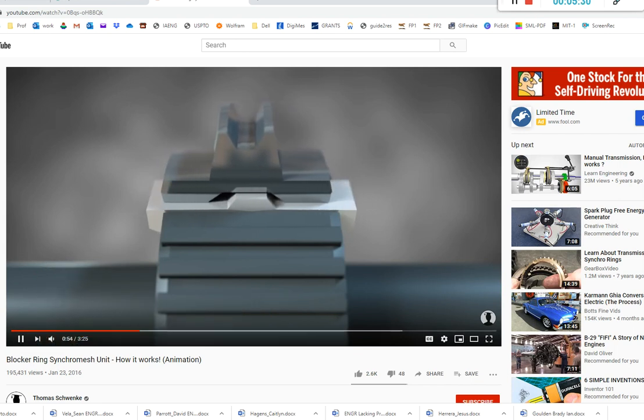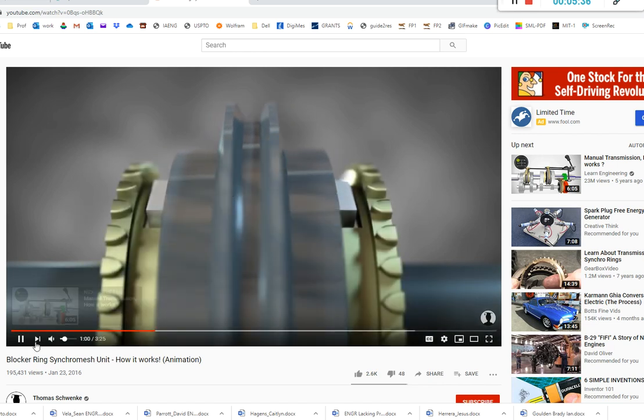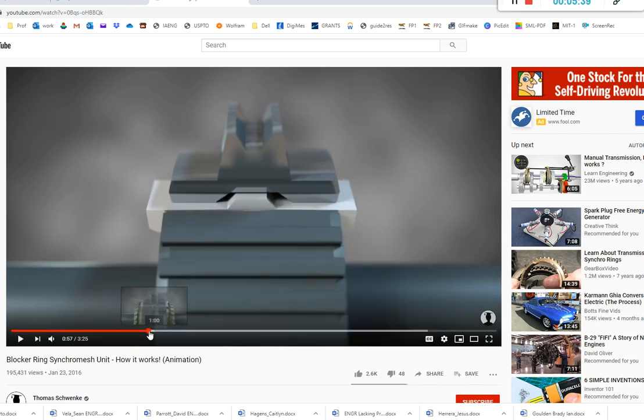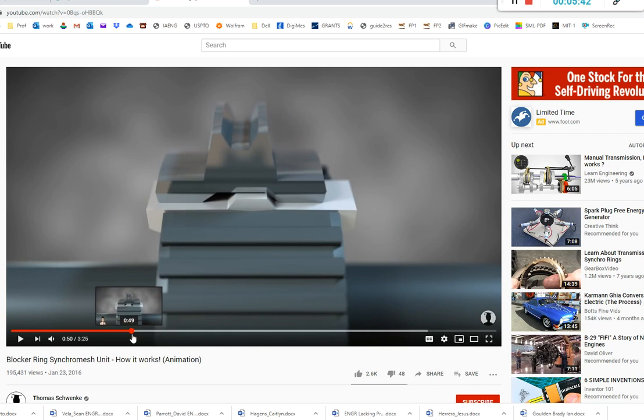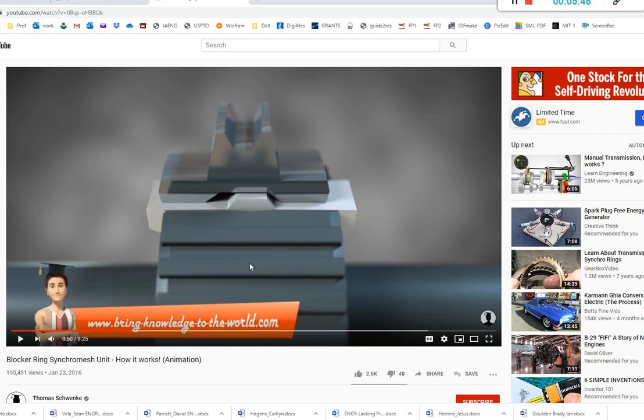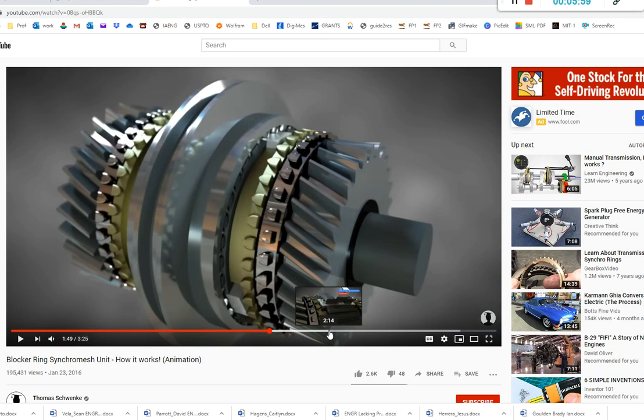The synchro mesh has a central hub and is attached with splines to the shaft, and then there are these pads, what they're called, and this is the sleeve, and when you slide it, it moves the pads, and it's better explained in the video, so you have a difference in rotation between the gear that you want to engage with the shaft.